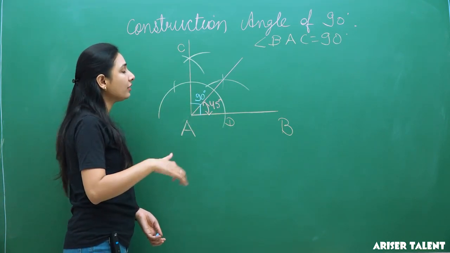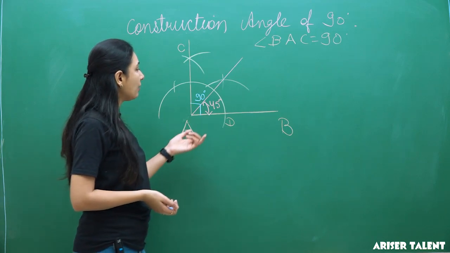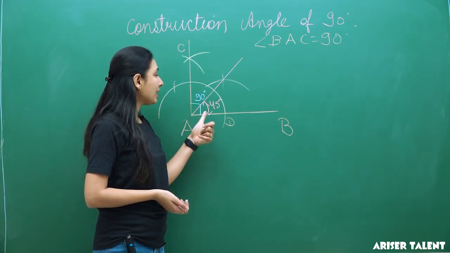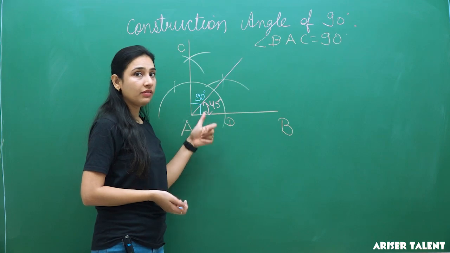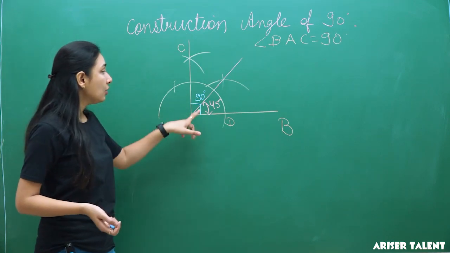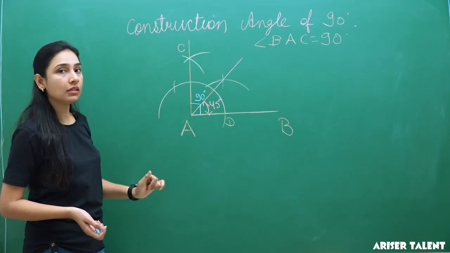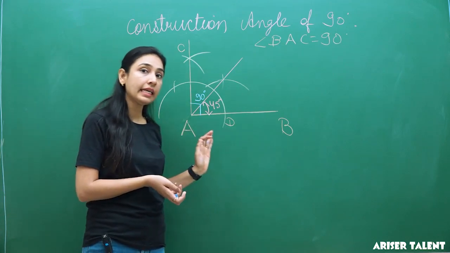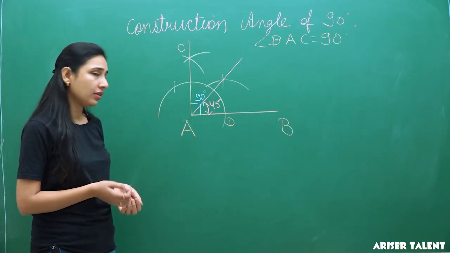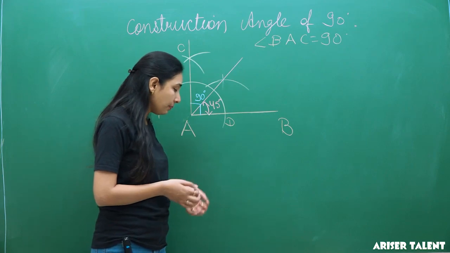Got it? So if the examiner has given you to make an angle of 45 degree, which is very likely to come in the exam, you will be following these steps. Make an angle of 90 degree and then just cut it into half. Okay, this is how it's going to work.